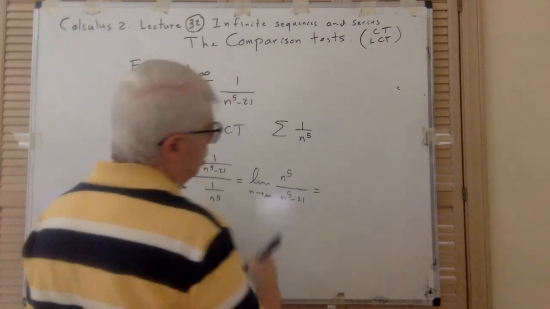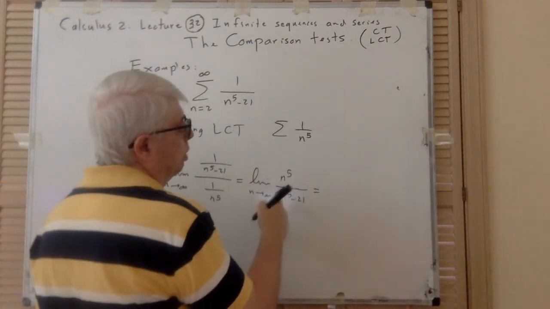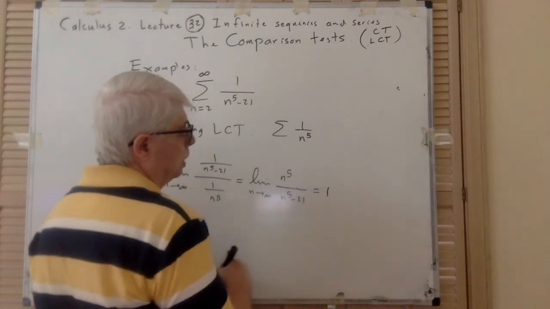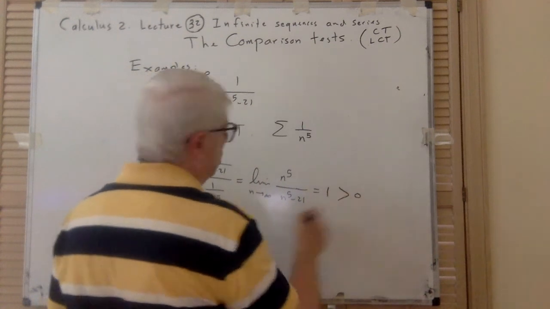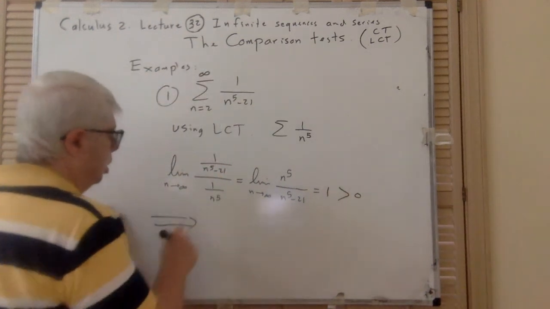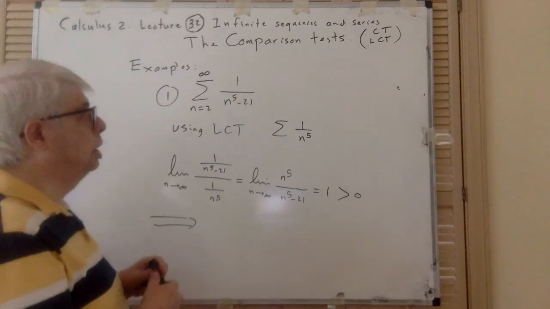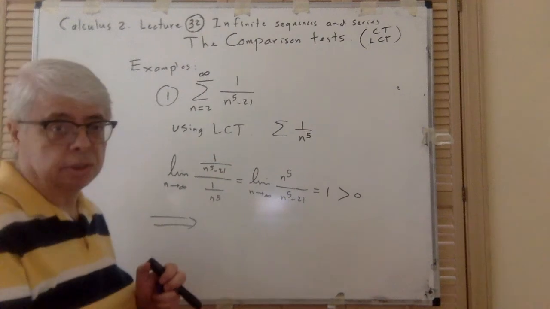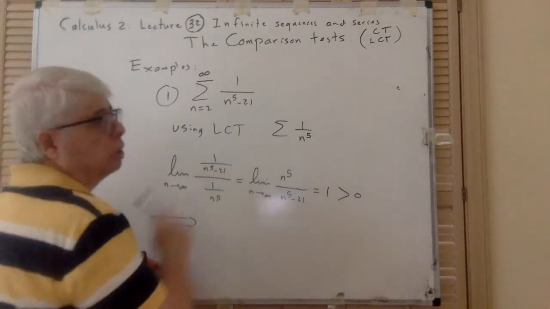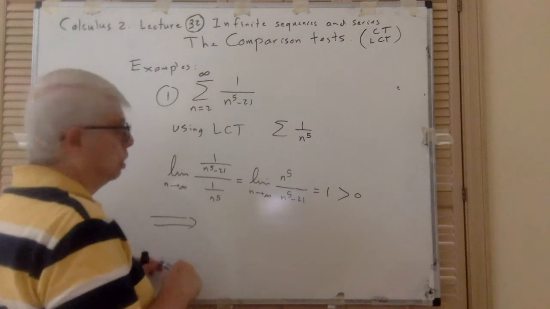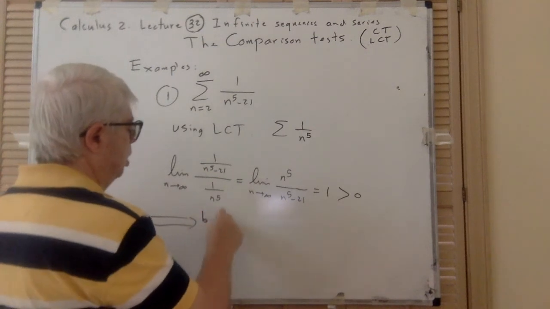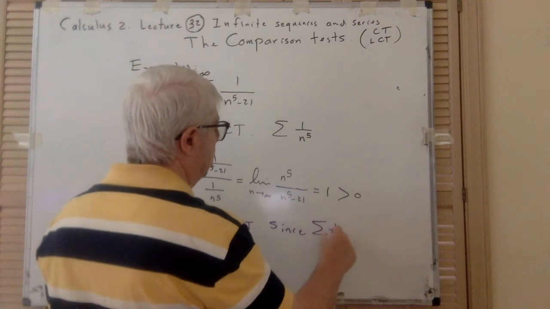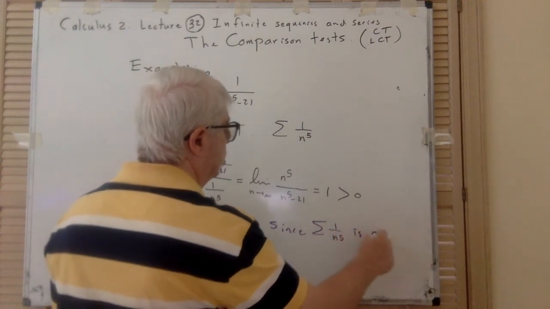And remember, this is like x^5, so it is the coefficient of this divided by the coefficient of this, so it is 1. And this is bigger than 0. So, by the limit comparison test, either both are convergent or both are divergent. Now let's look. This is convergent. Therefore, this is convergent by LCT, since sigma 1 over n^5 is convergent.